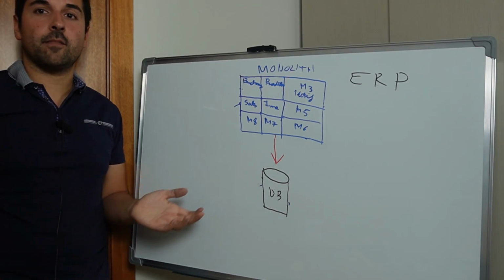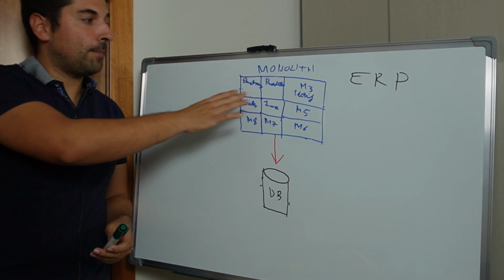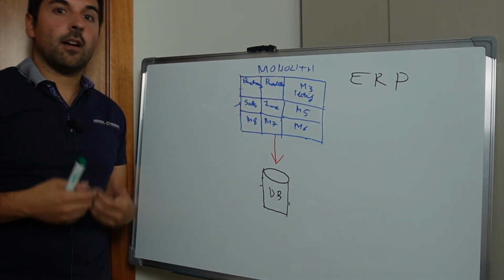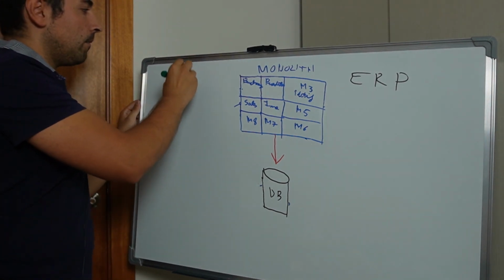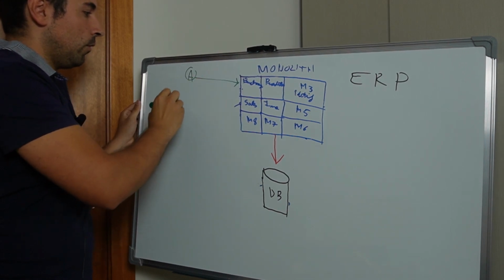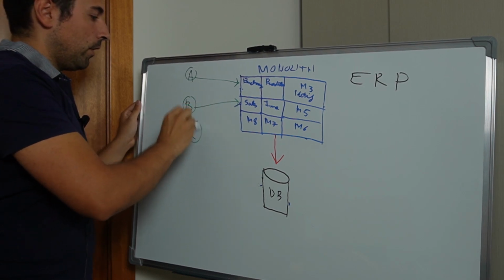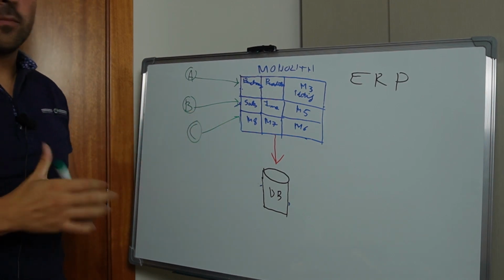And which benefits bring you a modular monolith? Well, if the boundaries are well respected, meaning we have respected the architecture, we could have team A, which will work on purchasing, and we could have team B, which work on sales, and we could have team C, which works in module A, which could be production.